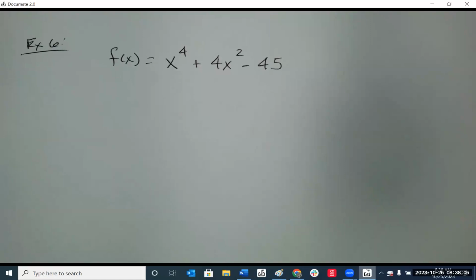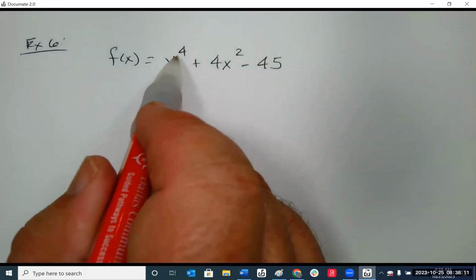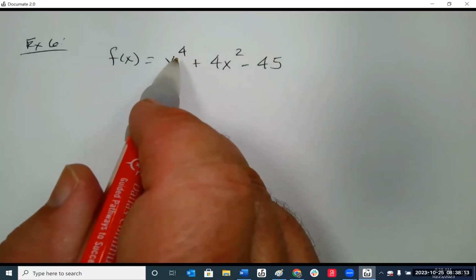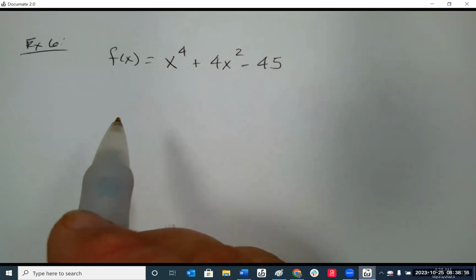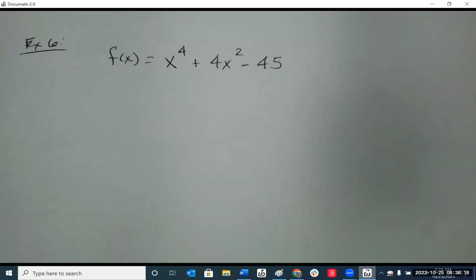Do we know any method to solve this one? Well, it's a fourth power. But even though we haven't talked about anything with fourth power, we did learn how to solve trinomials.